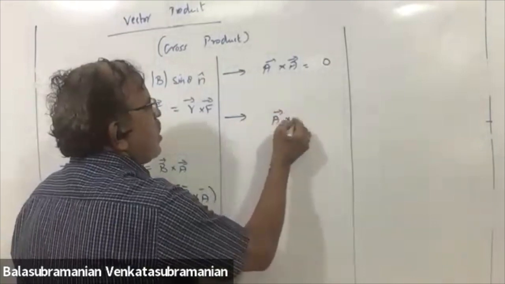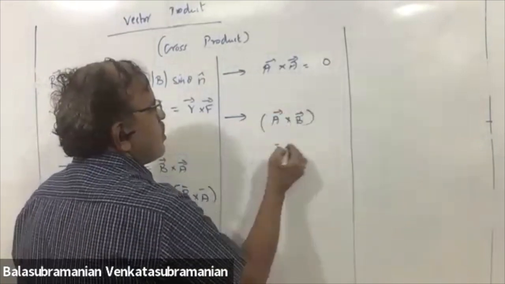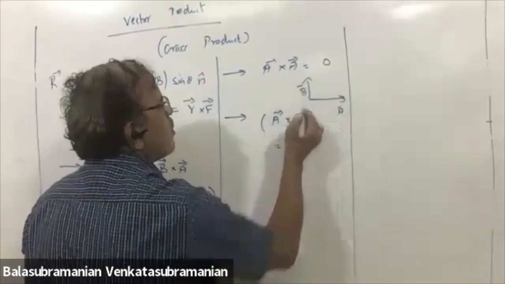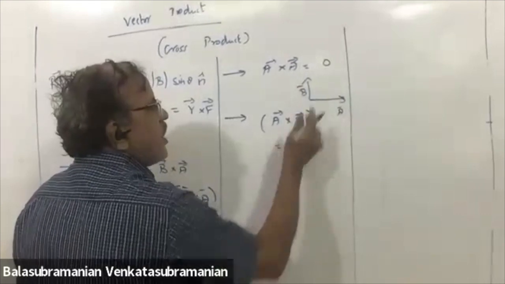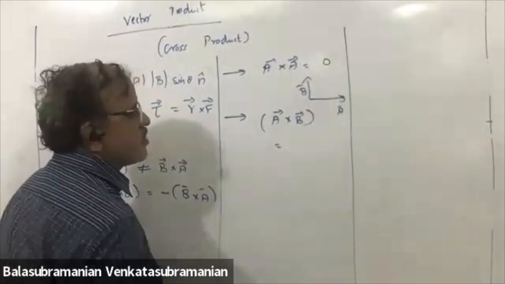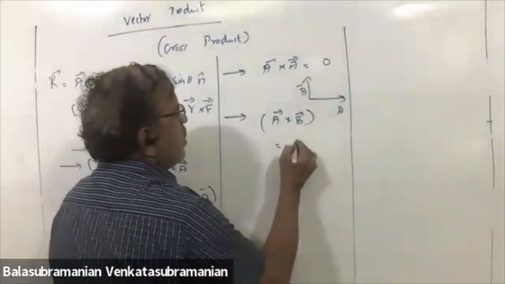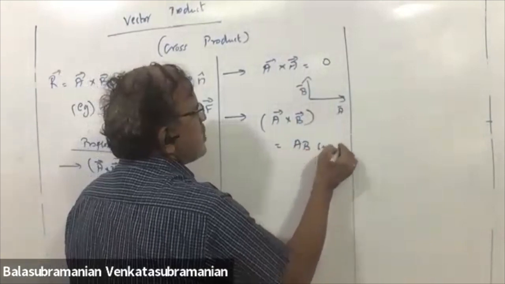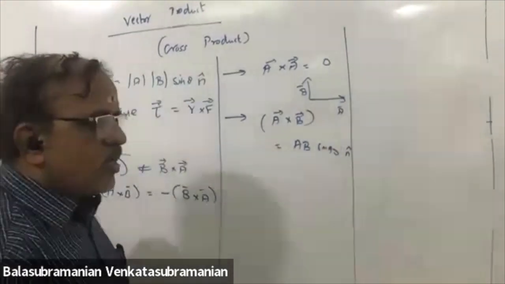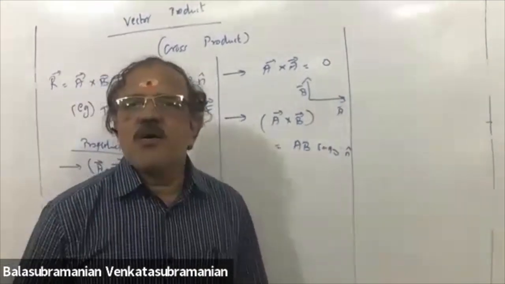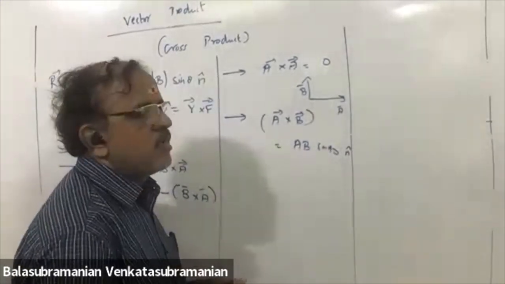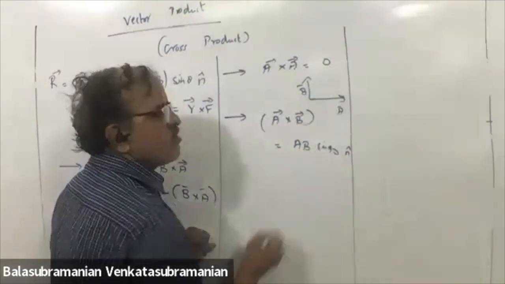A vector cross B vector. Suppose A and B are perpendicular. Root of A square plus B square, Pythagoras theorem. So AB sin 90. Sin 90 is 1. So the resultant is modulus of A, modulus of B, sin 90, which is 1.